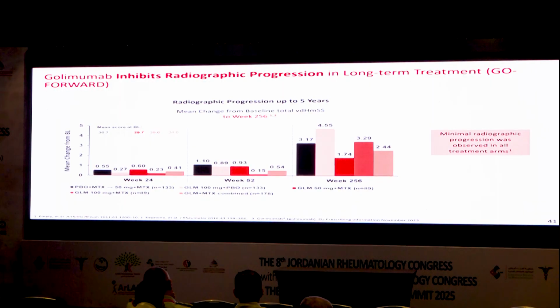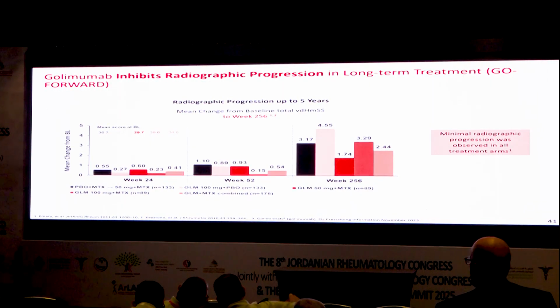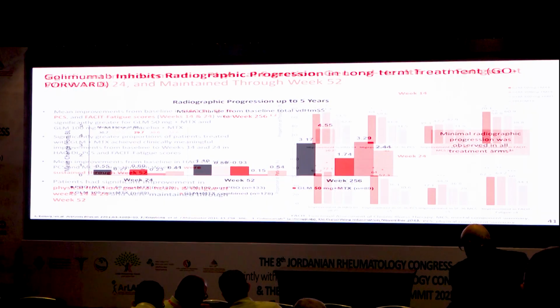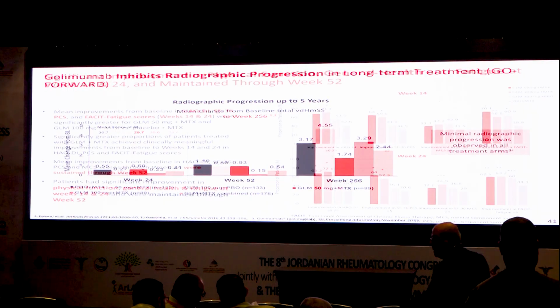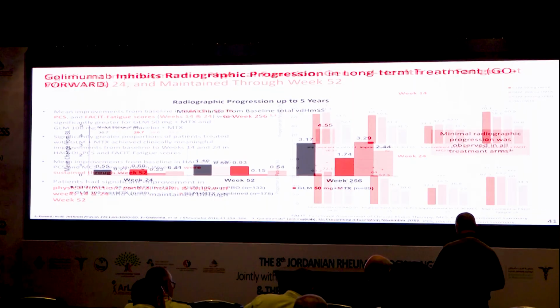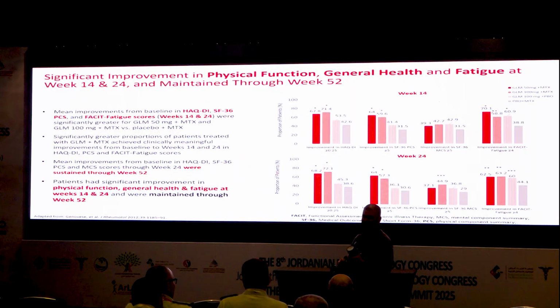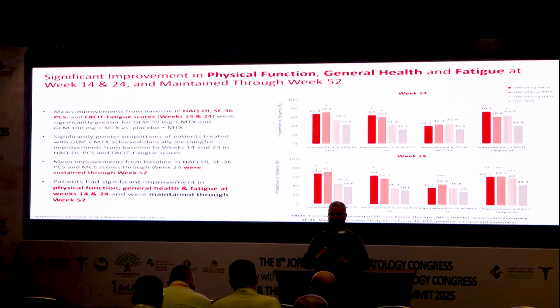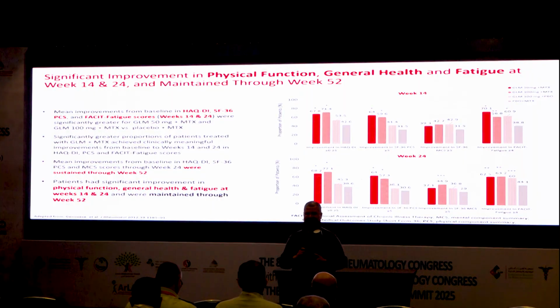Also, there is a significant improvement in the physical function, general health, and fatigue associated with the disease, by the HAQ disability index, the Short Form 36 physical component summary, and the Functional Assessment of Chronic Illness Therapy.